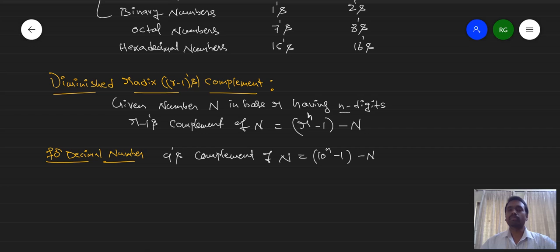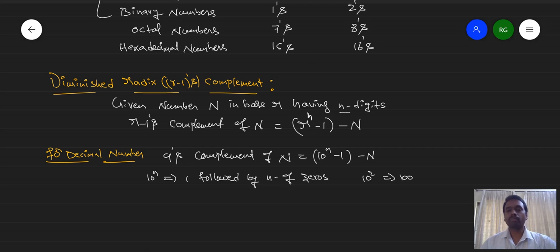So let us see what this 10 power n minus 1 indicates. Actually, 10 power n is nothing but 1 followed by small n number of zeros. If I say 10 square, that is nothing but 1 followed by 2 zeros. In a similar manner, 10 power n is nothing but 1 followed by n number of zeros.